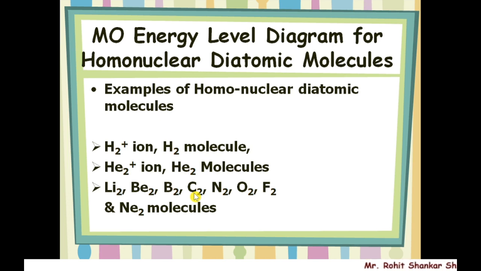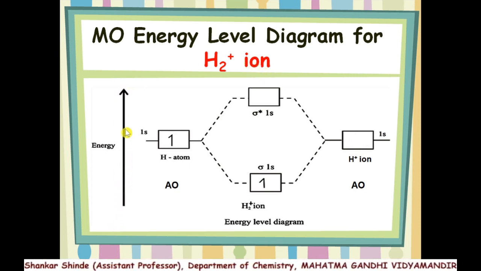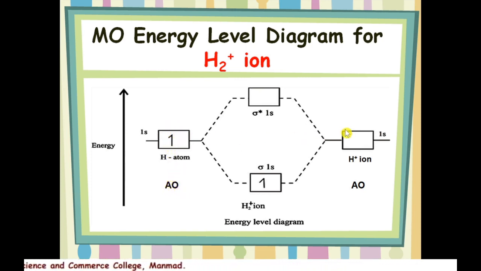So let us see the molecular orbital diagram of the H2 plus ion. In this diagram, the energy is increasing from bottom to top. Atomic orbitals are shown, one on the left side and the other on the right-hand side.